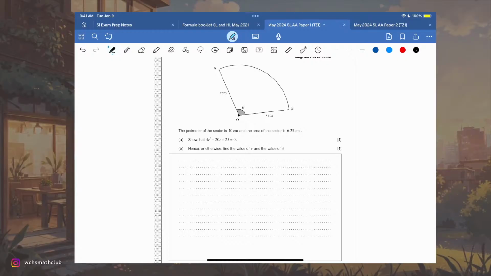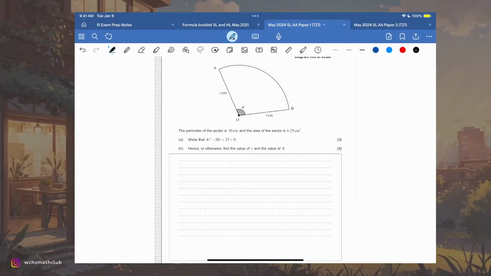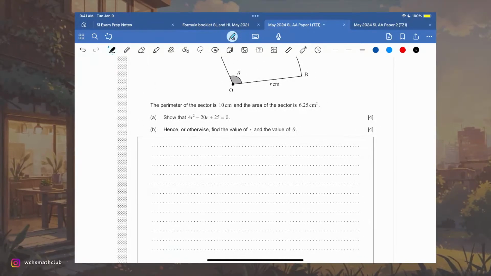Now, first part, we're basically asked to show that 4r squared minus 20r plus 25 equals 0. So what I'm going to do is use the first bit of information, which tells us that the perimeter of the sector is indeed 10 centimeters. Let's try to write an equation that describes the perimeter of the sector.